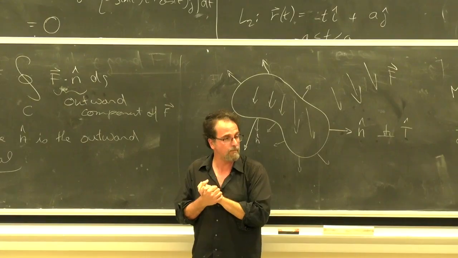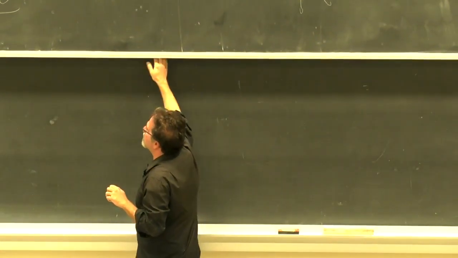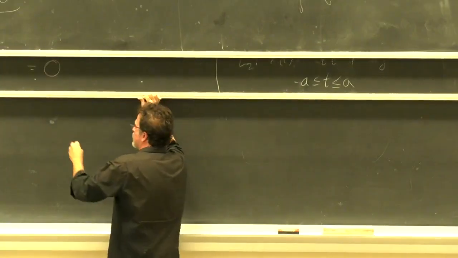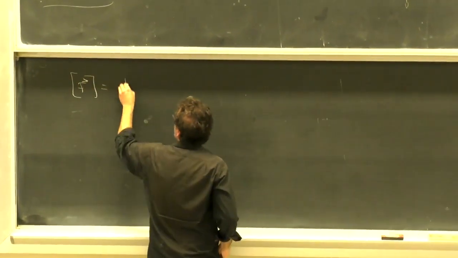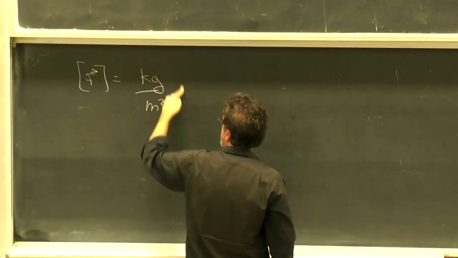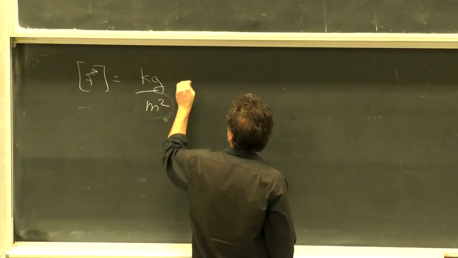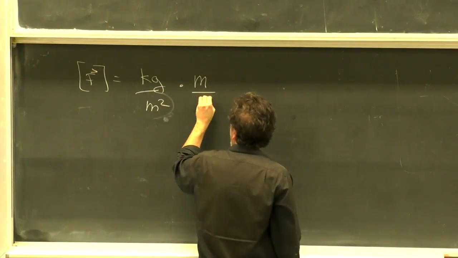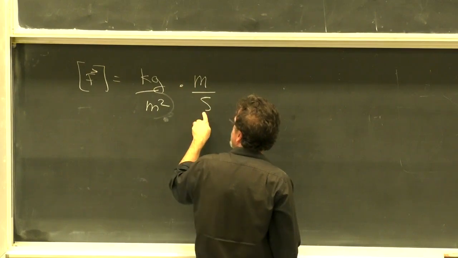Now let's do a unit calculation here. The units of F are kilograms per square meter, that's the density, mass per unit area in 2 dimensions, multiplied by a velocity, meters per second.